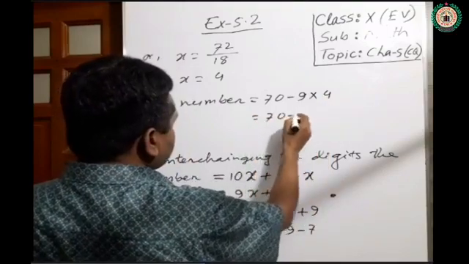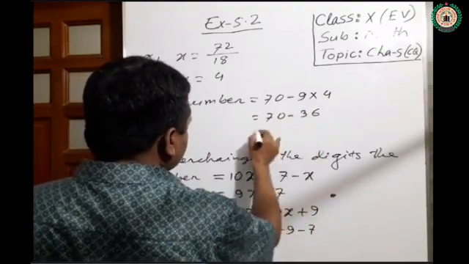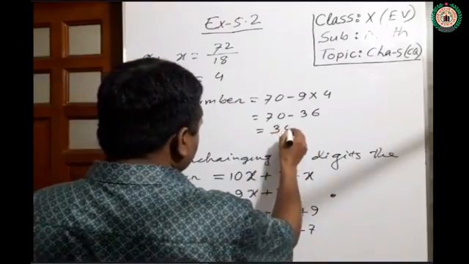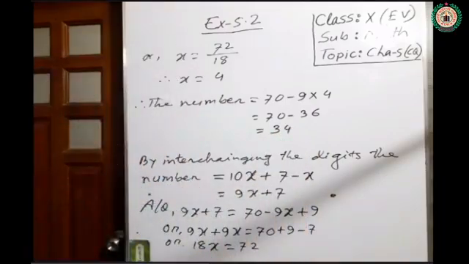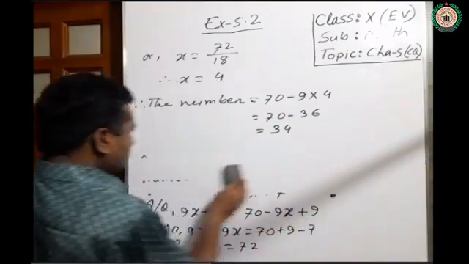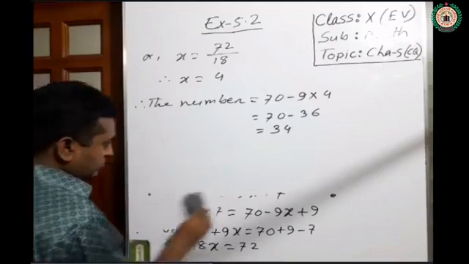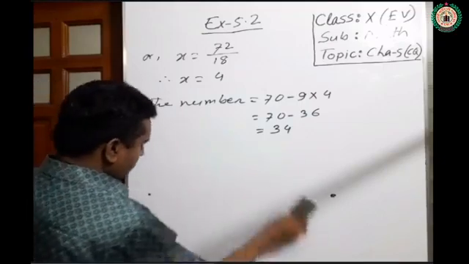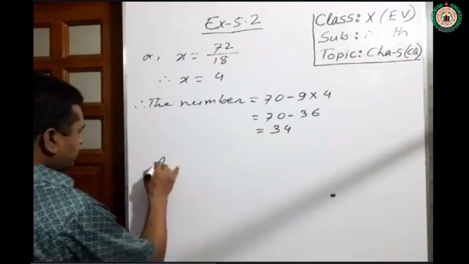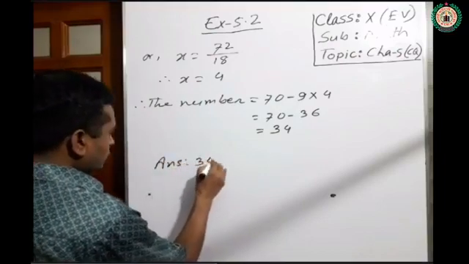That's why 70 minus 36, after subtracting, we get 34. Answer: 34.